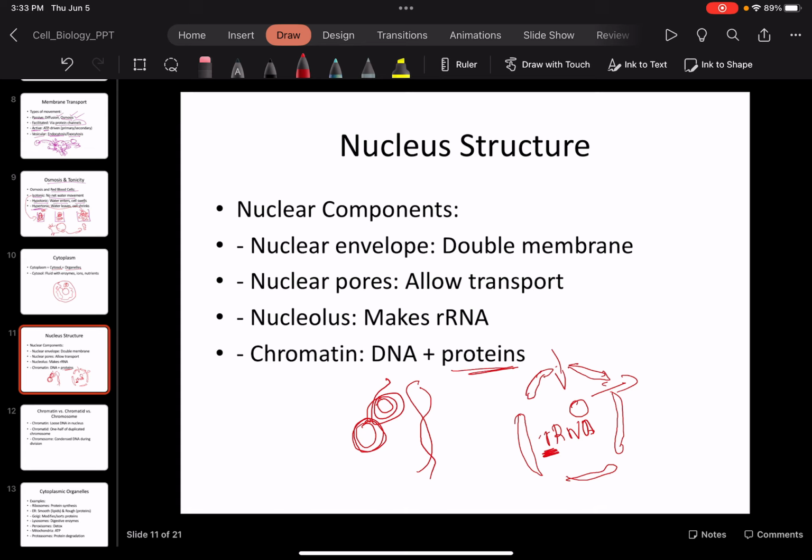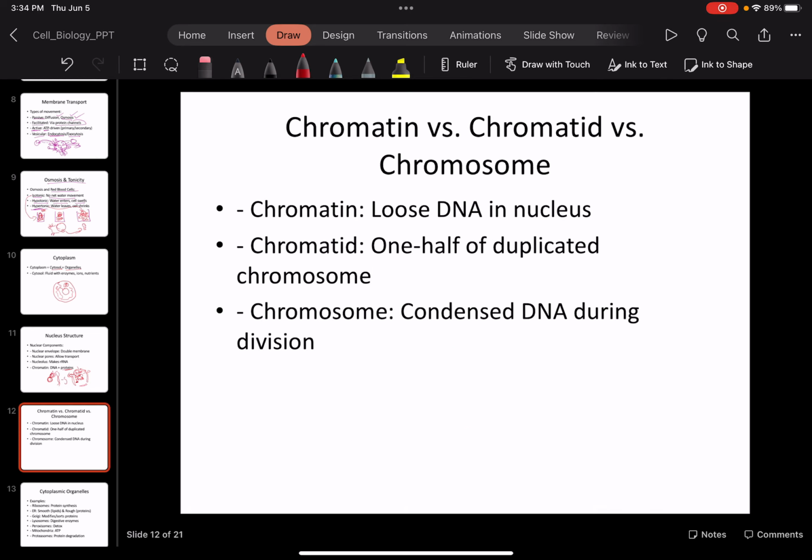This genetic material, DNA, is double stranded and won't go through the nuclear pores. What happens? The DNA is converted into RNA inside the nucleus. Then RNA, which is single stranded, will go outside the nucleus. This process is transcription. We will explain transcription later in the slides or PowerPoints.